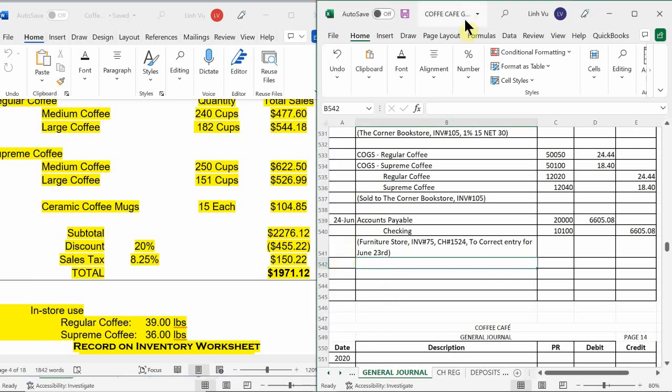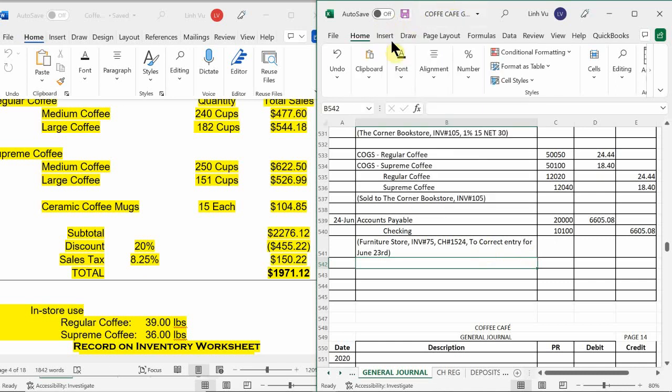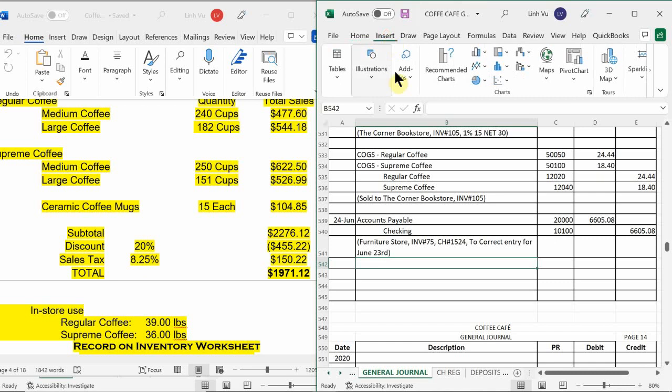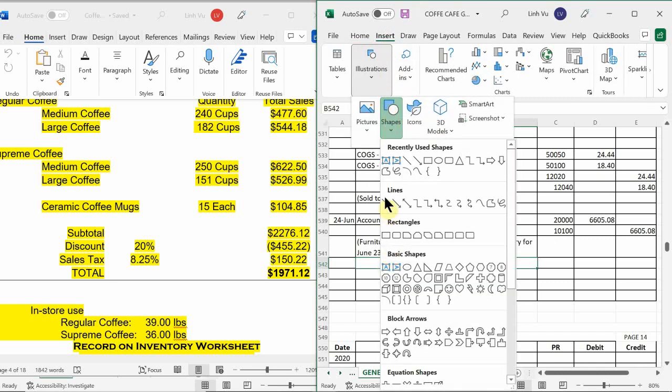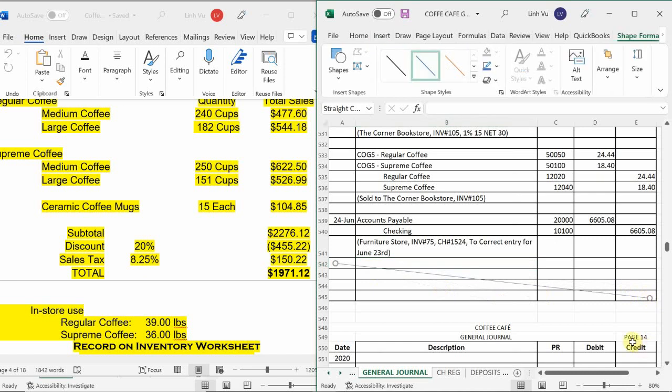So in this case, right, this for sure is not going to give us enough space for this transaction here. So we are going to need to draw a line. So let me find my insert real quick. Insert. All right, we're going to draw a shape. Okay, we're going to draw a line from this corner all the way to the very end corner.